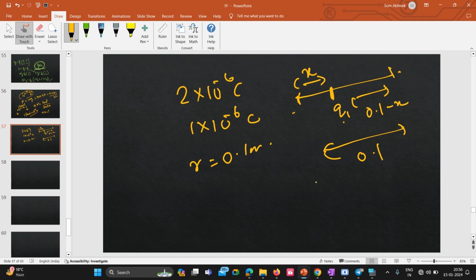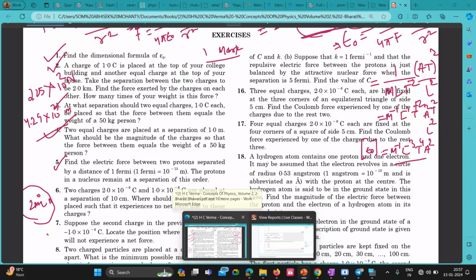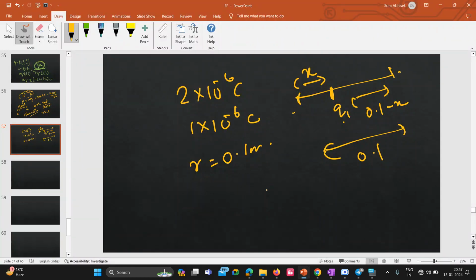Okay, so it's saying the total force will be 0. If you have read the question, the net force is 0. It experiences no net force. So what will be the total force on this charge? This is 2 into 10 to the minus 6, that means 2 microcoulomb. 1 into 10 to the minus 6, that means 1 microcoulomb.